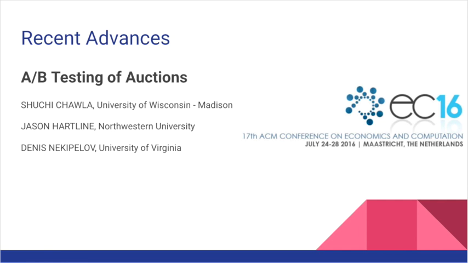The paper combines auction theoretical modeling with the A/B testing framework to develop a methodology for A/B testing auctions. A/B testing is used in many other places, and this is the first time it is used in auctions. This also shows that game theory is a very interdisciplinary field.